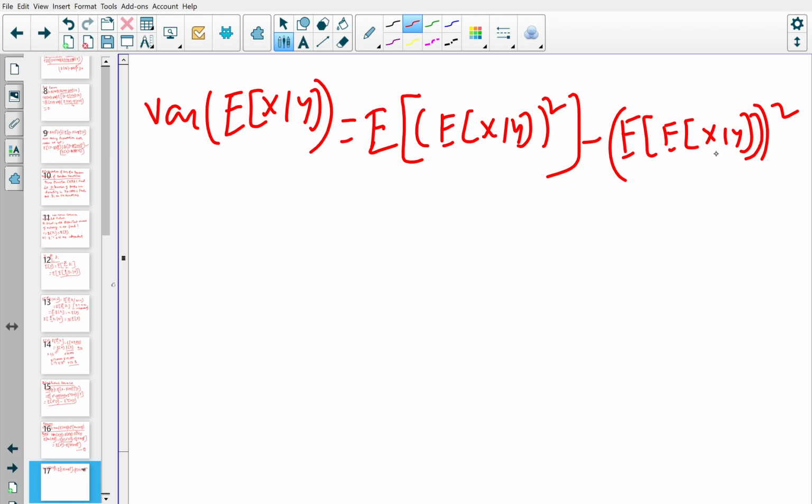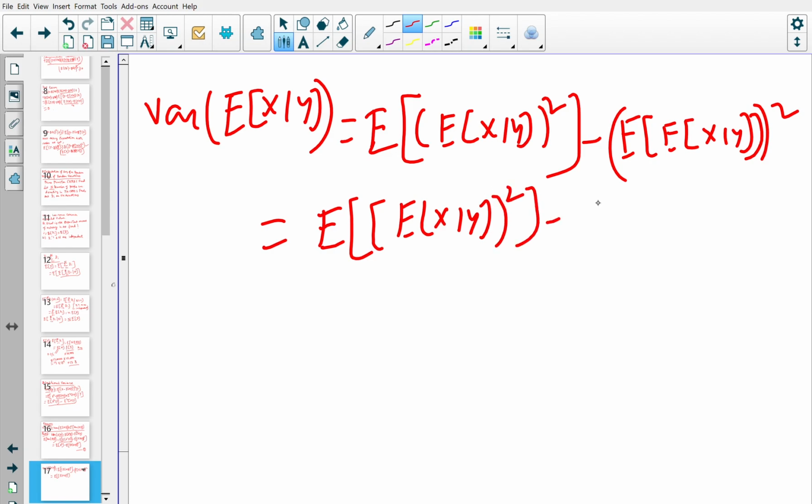But this is nothing but expectation of x. So we will have expectation of x given y whole square minus expectation of x whole square, right? Clear?